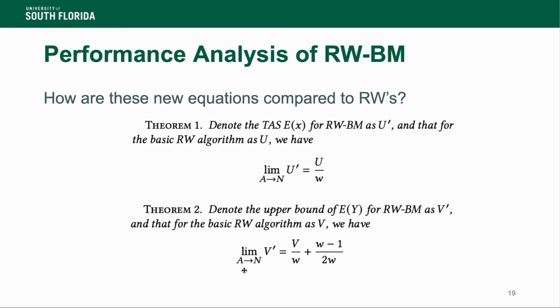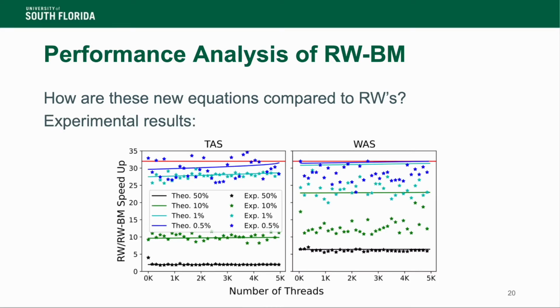And these two theorems are very encouraging because both TAS and WAS bounds decrease by a factor of W, which is 32 or 64 depending on the implementation. And so the advantage of RWBM is the highest when A approaches n, which is the extreme case of low page availability. And here is the experimental result that verified these two theorems.